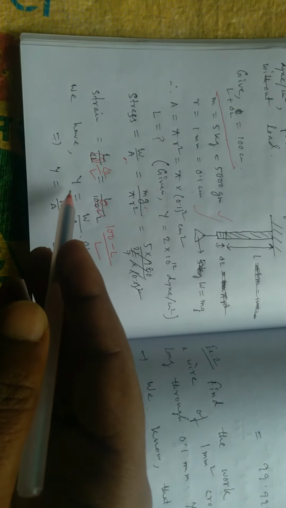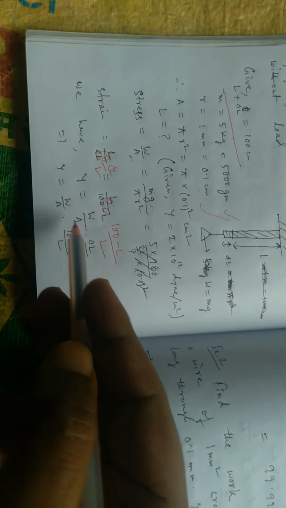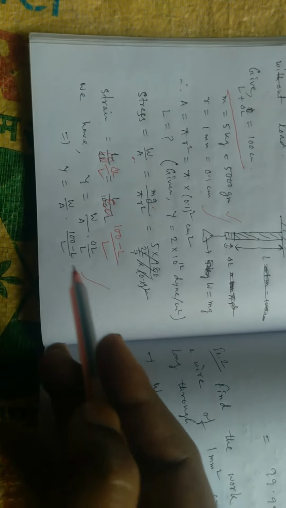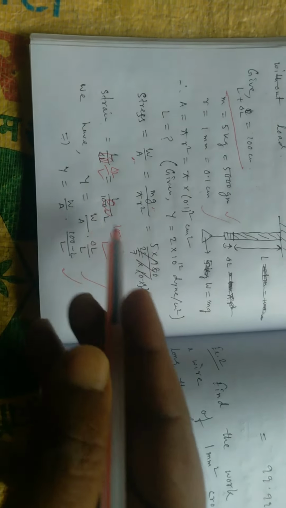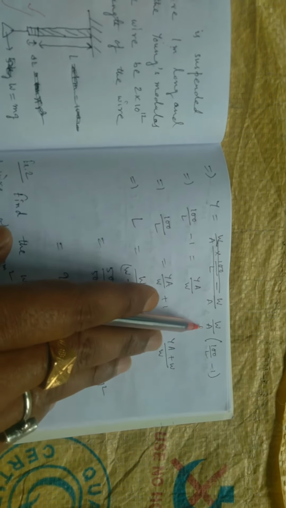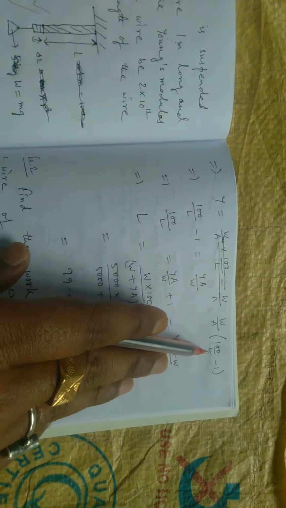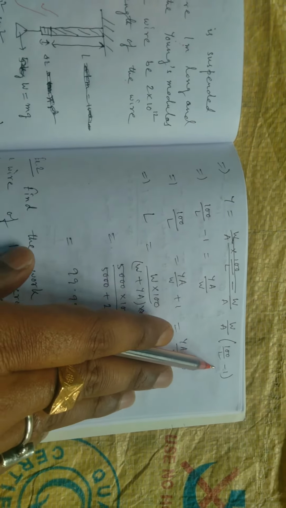So Young's modulus is equal to stress by strain, so this will be in this form. If we put in the given values, then Young's modulus Y is equal to W by A into 1 over (100 by L minus 1).